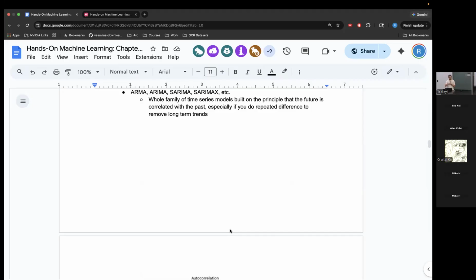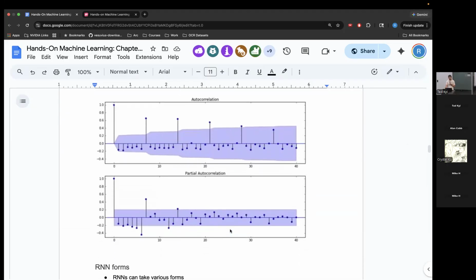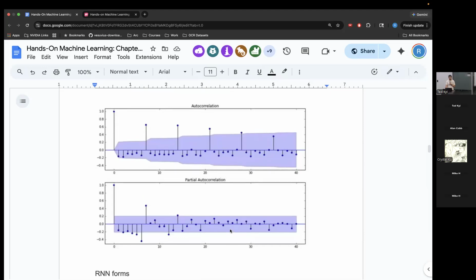If you look back a day, that's probably going to inform the future. And so with this, you can do certain things to remove seasonality. You can do things to reach further into the future. They didn't show this, but this is one of the core concepts of ARIMA, the concept of autocorrelation and partial autocorrelation.